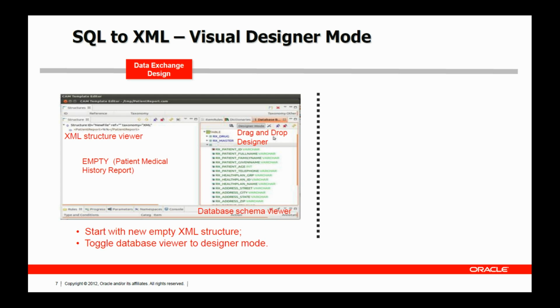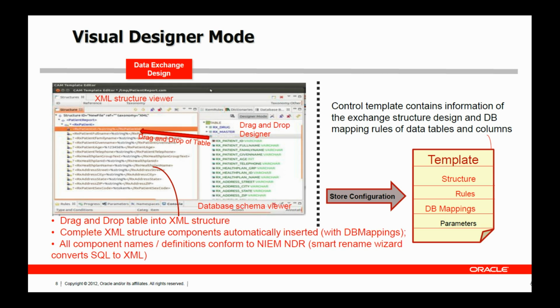You set the development environment to the designer mode in the SQL viewer, and then simply go ahead, and on the next slide you can see you're going to drag and drop the table over into the empty XML, and what's going to happen is that the tool will create XML for each of those columns within the table that you've dragged over.